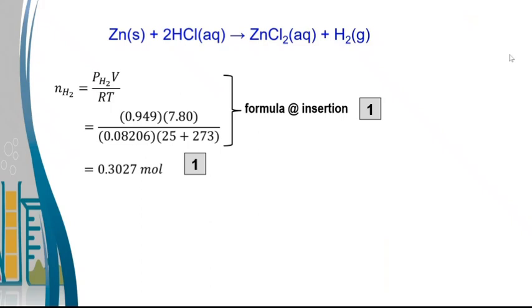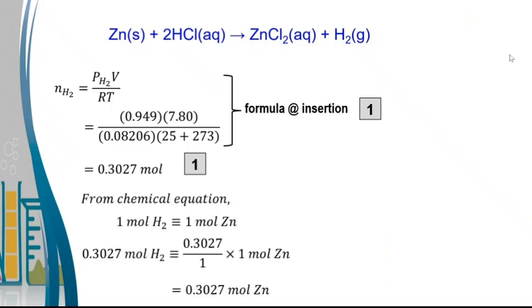Then using stoichiometry, from chemical equation, 1 mole of hydrogen gas is equivalent to 1 mole of zinc. So 0.3027 mole of hydrogen gas, the number of mole of zinc is 0.3027. Same number of mole.